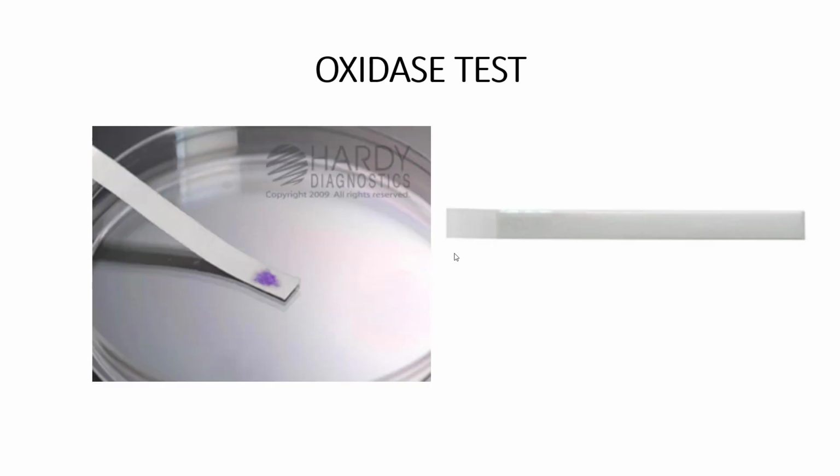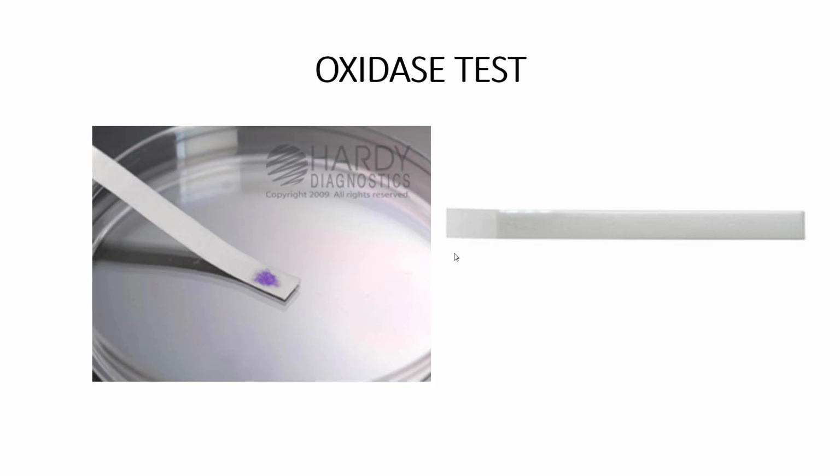All right, next up is the oxidase test. The oxidase test is run on a strip where what you do is you add a little bit of bacteria to the strip. If they possess an enzyme known as oxidase in reasonably high quantities, then they will turn a substrate that's on the test into a product that is colored, and that colored product is kind of a royal bluish purple color, as you can see here.